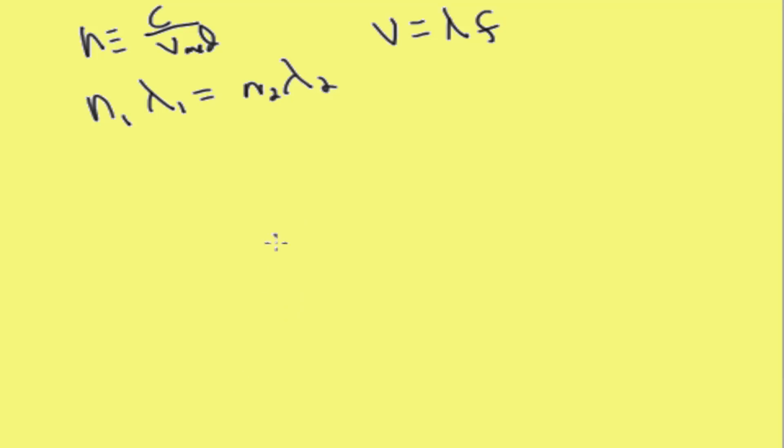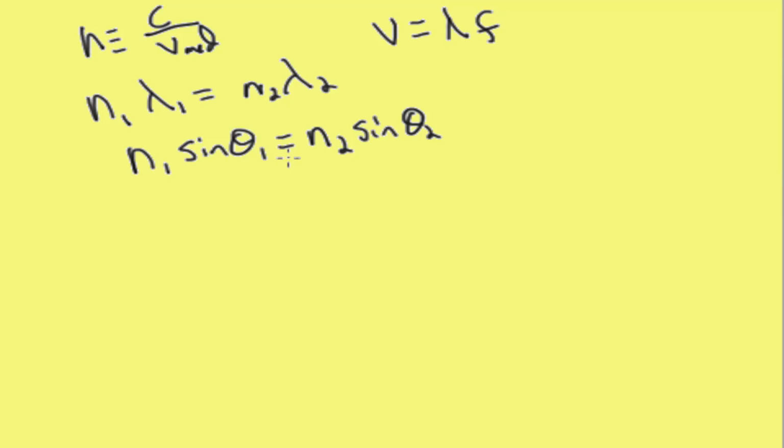So now we can look at Snell's law. Snell's law says that the index of refraction in one medium and the sine of theta relative to the normal in that medium is equal to the index of refraction in the other medium times the sine of theta in the other medium, relative to the normal.